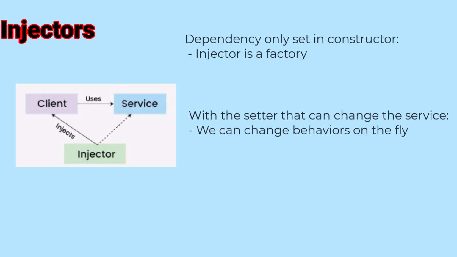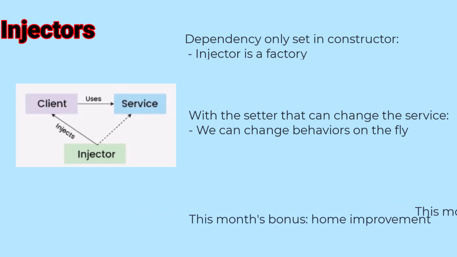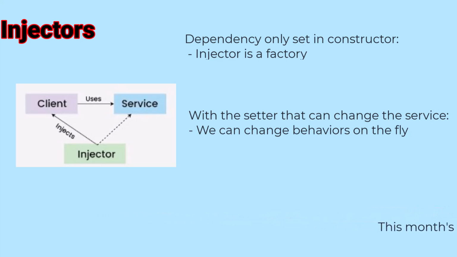However, with the setter, our injector can be a lot smarter. These days, credit cards change their cashback rules all the time. This month, there might be a cashback bonus for charges made at restaurants or theaters, and then next month, the bonus is at home improvement stores. And even if you look at one company, different cards have different rules, and bonuses are starting and expiring all the time.